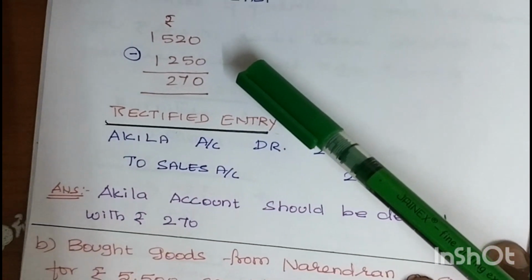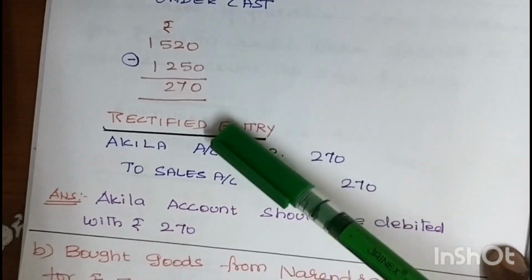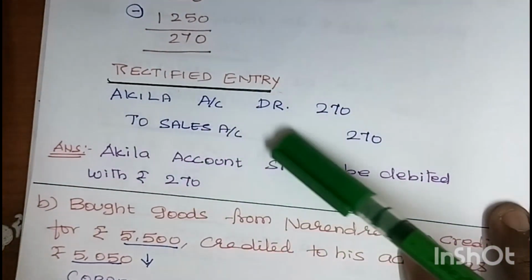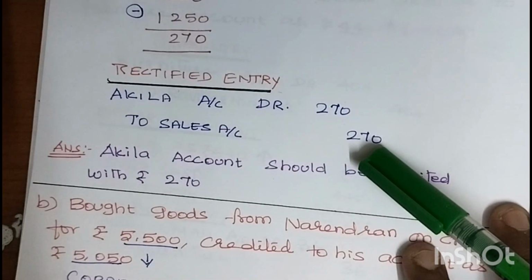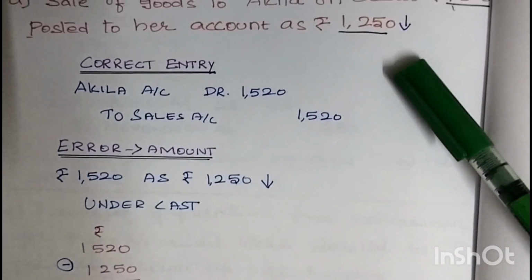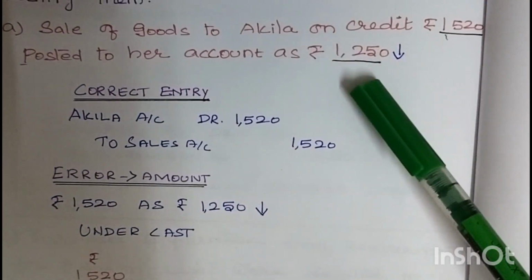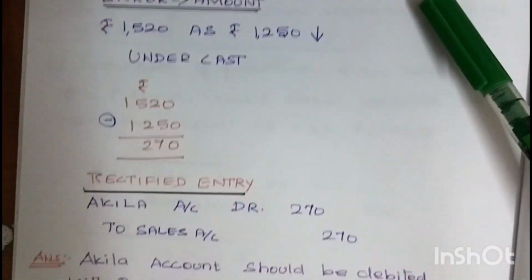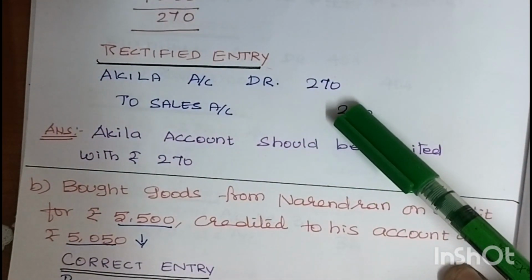So the rectified entry is Akila account debtor 270, sales account 270. We enter the difference value because amount is the error. We have to find out the difference between them. That is 270.